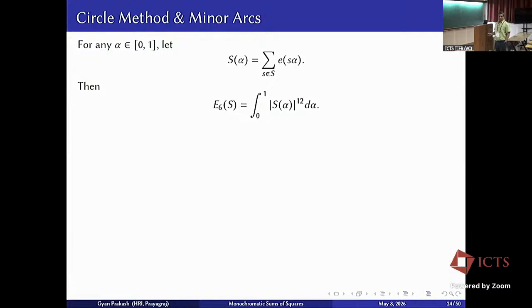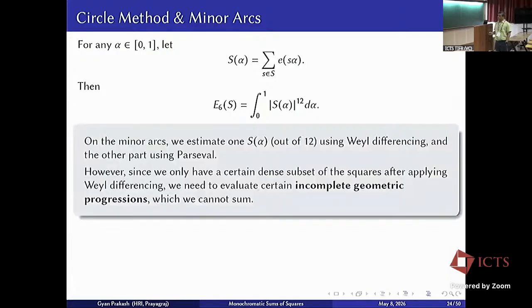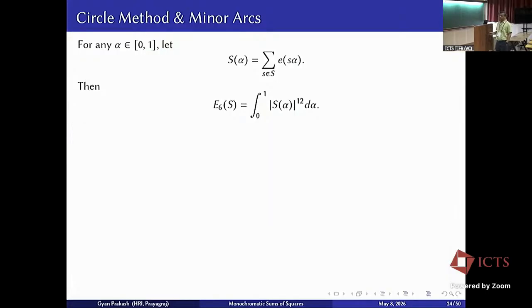It is exactly equal to the integral of S alpha to the power 12 d alpha. But on the other hand, this way of writing down E6S is not particularly useful, for the reason that now you don't have the full set of squares, only a dense subset of squares.